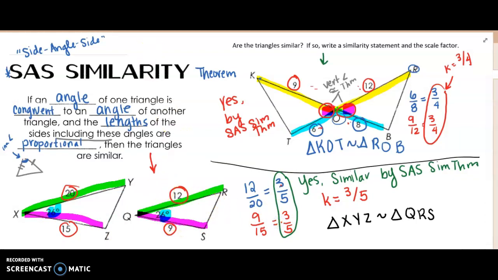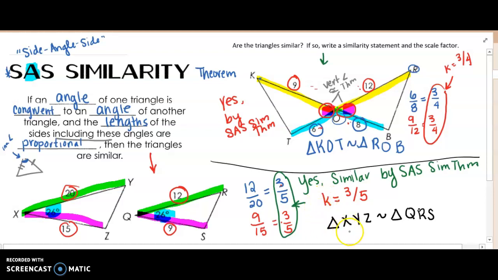With these sides, this is the included angle and this is the included angle, which are congruent. So I can say yes, these triangles are similar by side-angle-side. Notice my angle is between the two sides, just like it is down here. My scale factor is 3/5, just the same as the proportion I found right in here. If you put 5/3, that would also be okay.